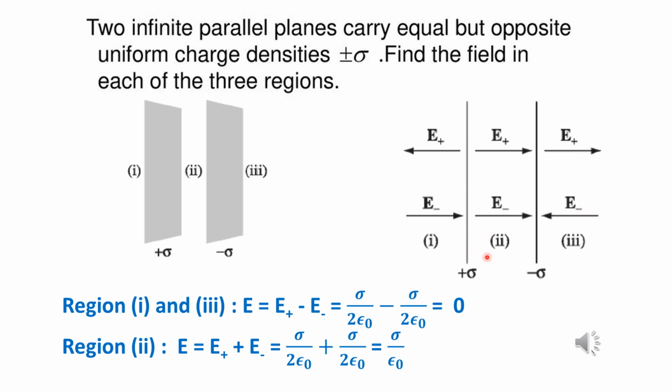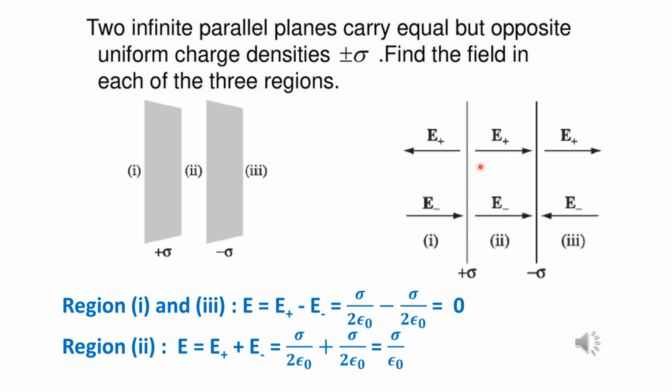Similarly in the third region, due to the positive plate the electric field is outward, and due to the negative plate the electric field is towards it, and again they neutralize each other, because sigma by 2 epsilon naught minus sigma by 2 epsilon naught is 0 for the third region and the first region.